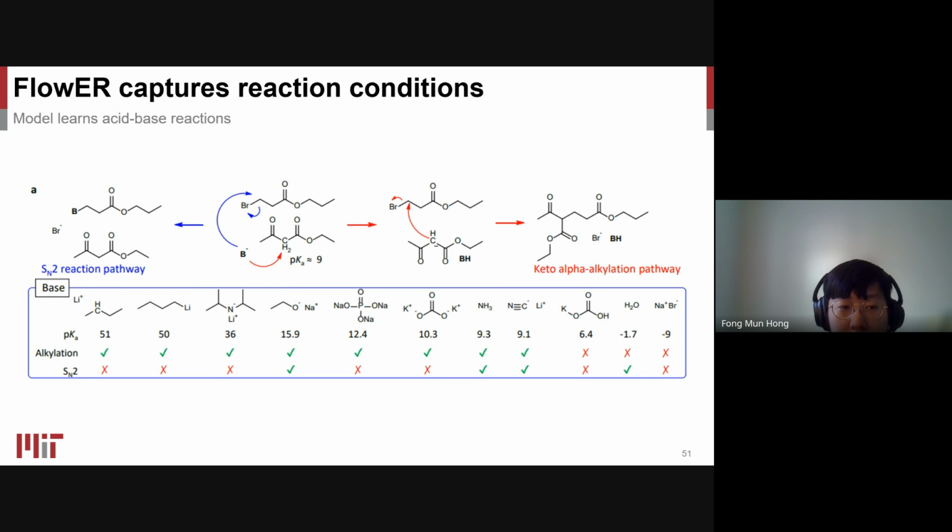So over here, different types of bases help us get to different products, and that implicitly shows that Flower, based on the data statistics, knows when to predict a reaction and when not to predict a reaction, corresponding to the pKa.